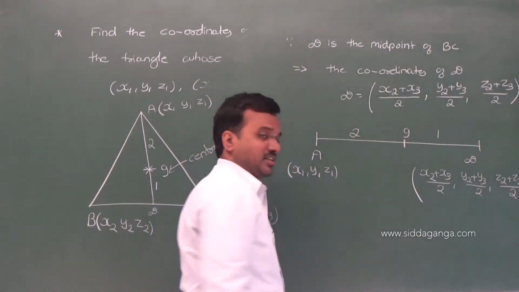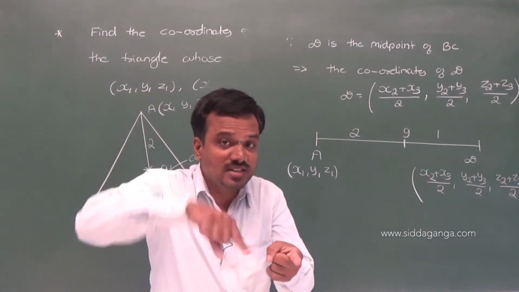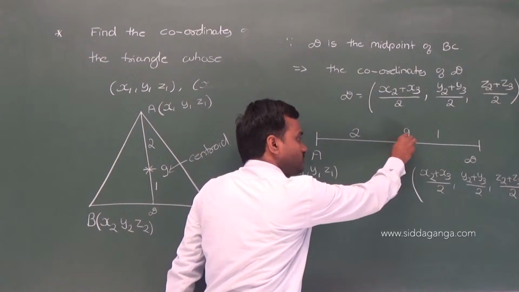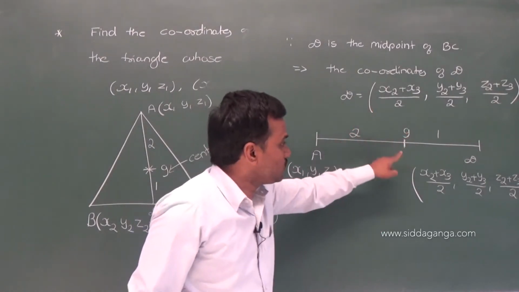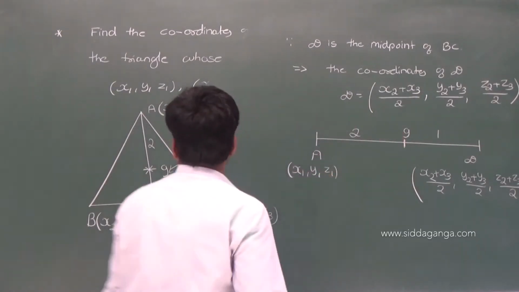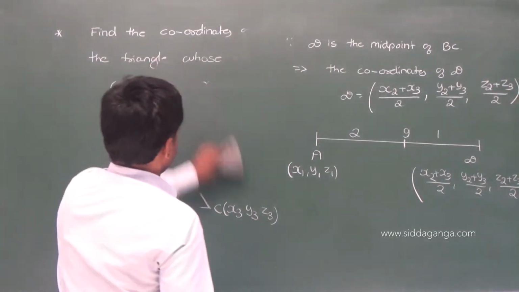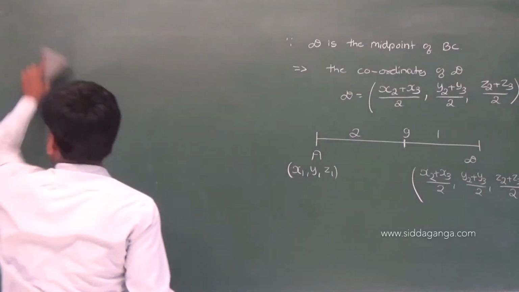Because G lies inside AD. To find the coordinates of G, we use the section formula for internal division.